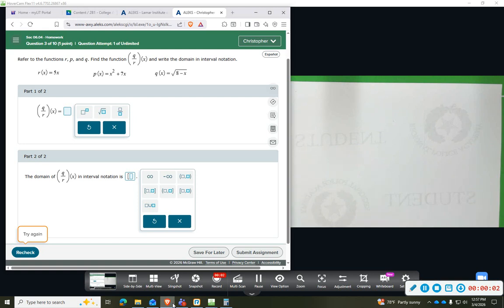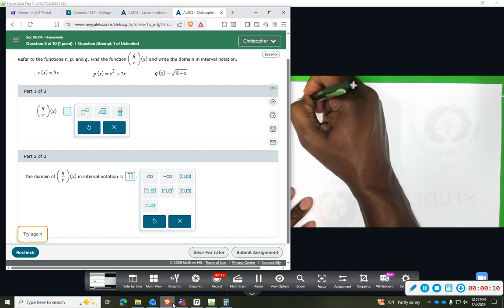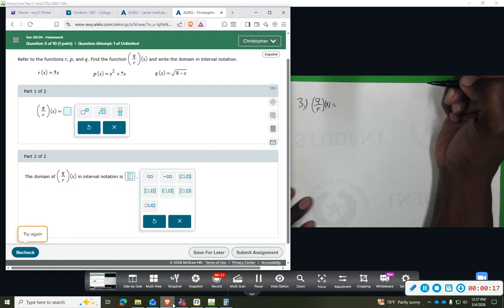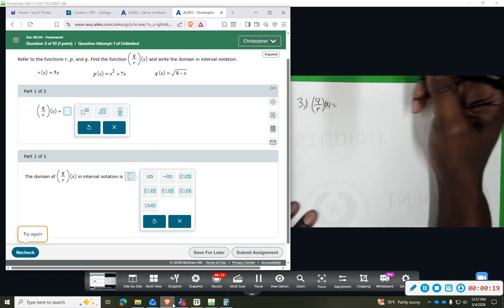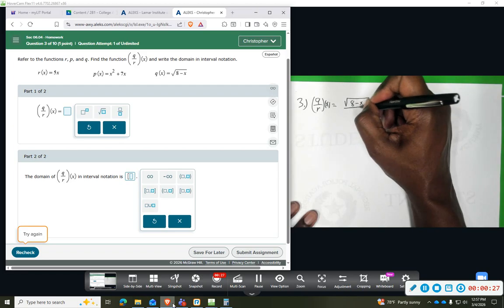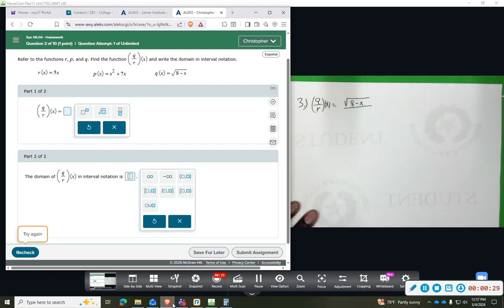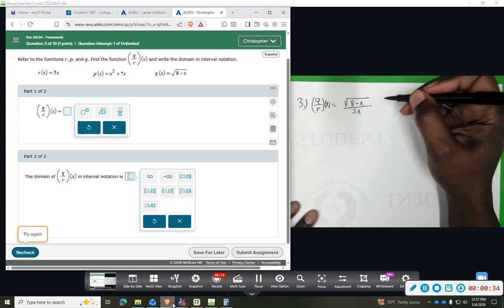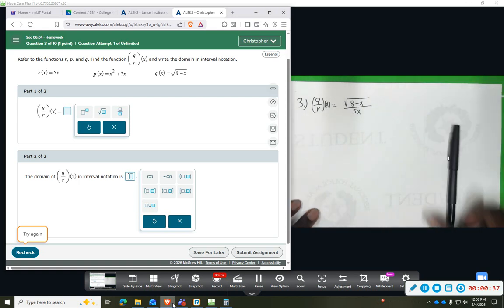All right, number 3, we want to find Q divided by R of X. So this time we're not plugging in a specific value. We're just going to get the Q function, which at the top we're given Q is the square root of 8 minus X. And the R on the bottom is just 5 times X. And we want to find the domain for part 2.